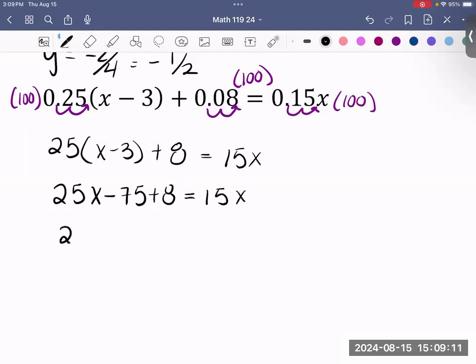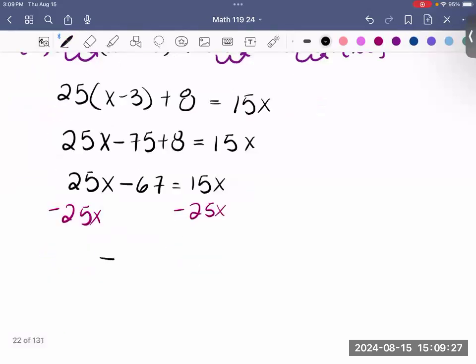So combining your like terms, let's go ahead and bring your 25x to the other side. -67 is equal to -10x, and then go ahead and divide by that -10x.